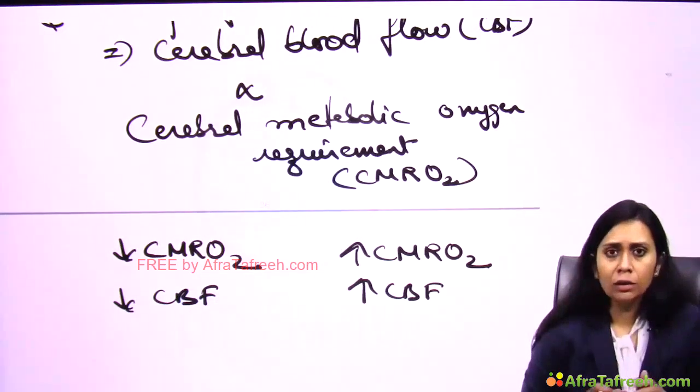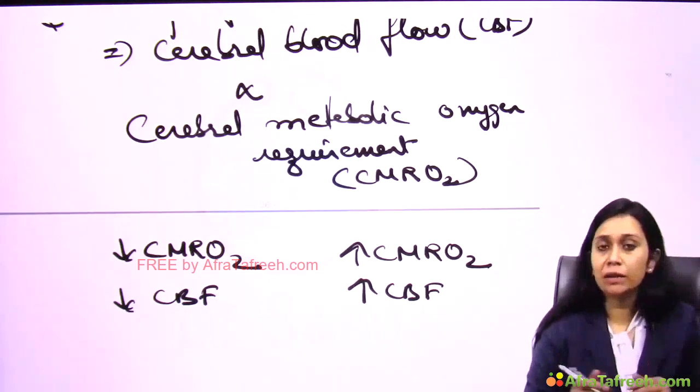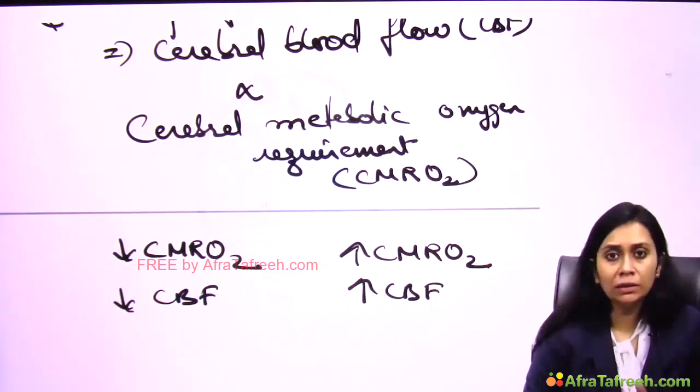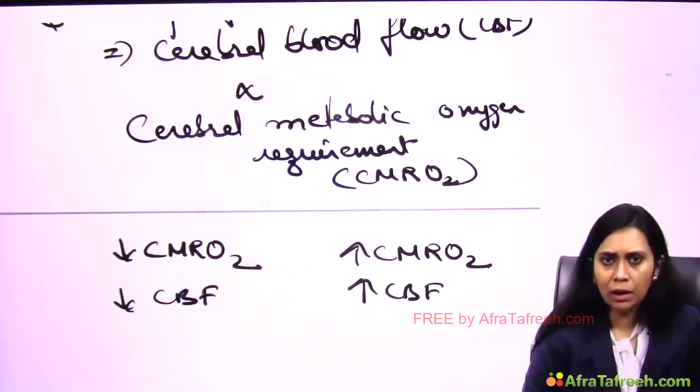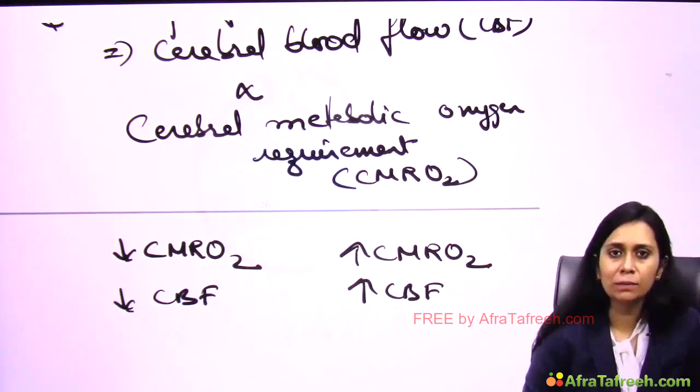Now, what does an anesthetic agent do, inhalational or IV? They do the same thing. They make the person unconscious. That's why we are giving them. And once the person becomes unconscious, the activity of the brain reduces and the oxygen requirement of the brain reduces.